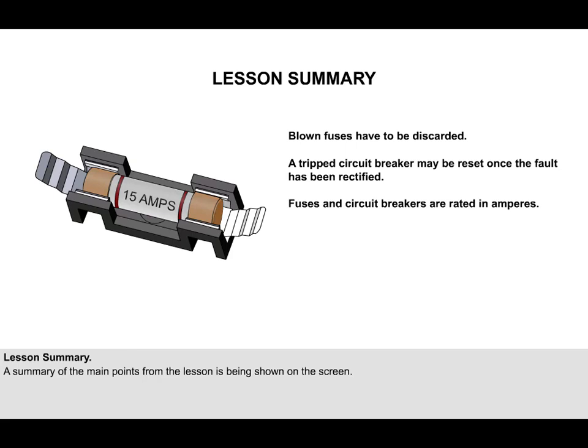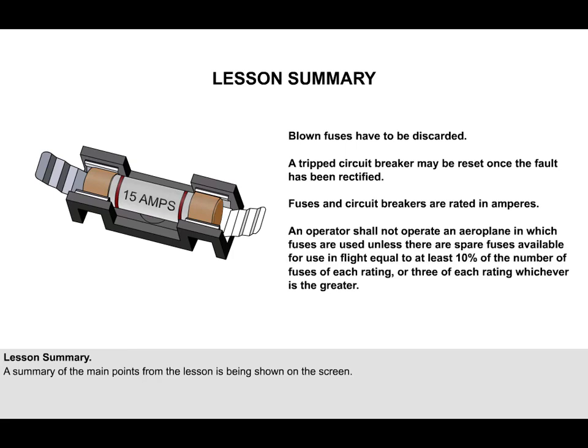Fuses and circuit breakers are rated in amperes. It is a regulatory requirement that an operator shall not operate an aeroplane in which fuses are used unless there are spare fuses available for use in flight equal to at least 10% of the number of fuses of each rating, or 3 of each rating, whichever is the greater.